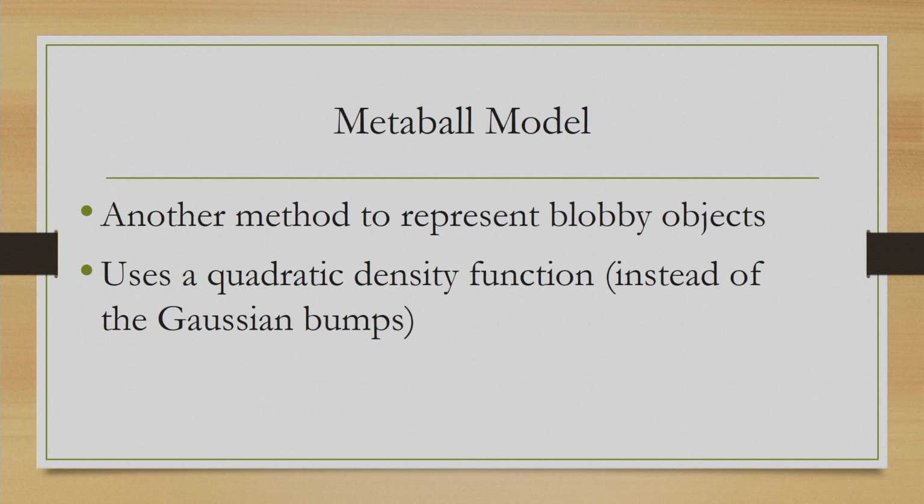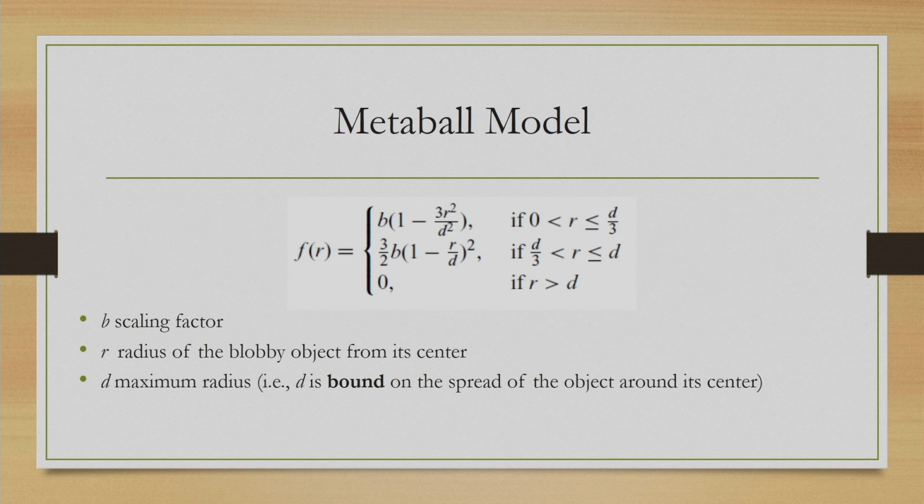There is another interesting method to represent blobby objects. This is also quite popular, where a quadratic density function is used instead of Gaussian bumps, which looks something like this.